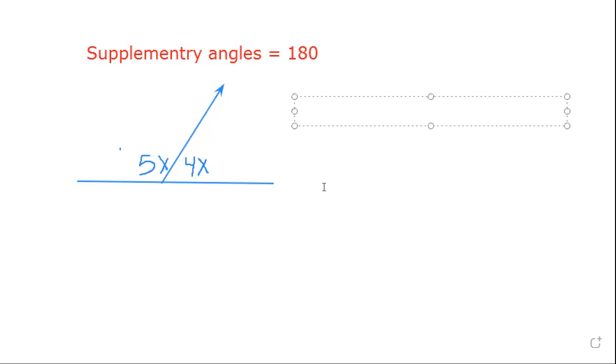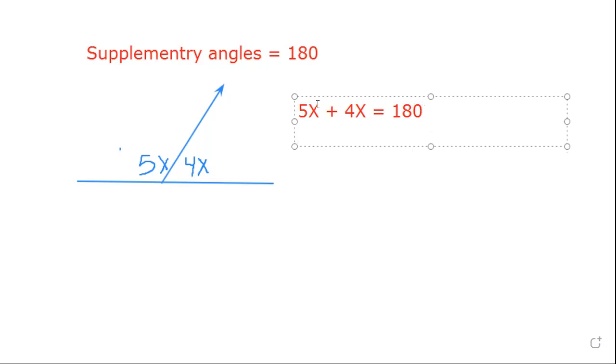I'm looking for the value of x in the figure. 5x plus 4x, the sum, will be equal to 180. Very good. Then we are going to solve. Now we have 5x and 4x.